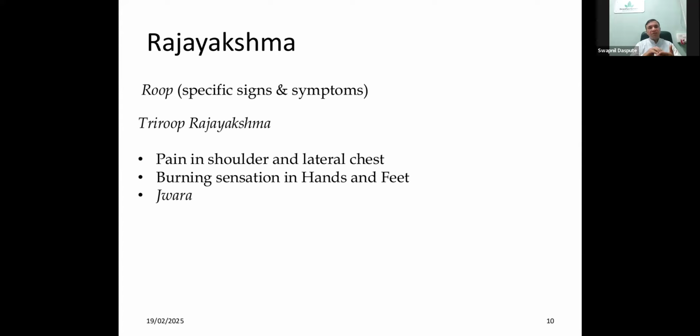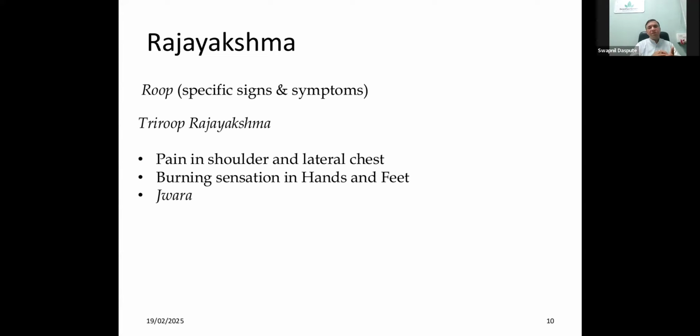A few authors have given an explanation that rather than being types of Rajayakshma, they should be considered as stages of Rajayakshma. Initially it is three rupa, or three signs and symptoms. Then it moves to the next stage of Shadrupa. Then it goes to the next level of Ekadasha Rupa.